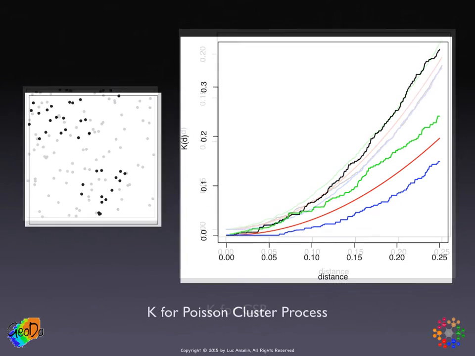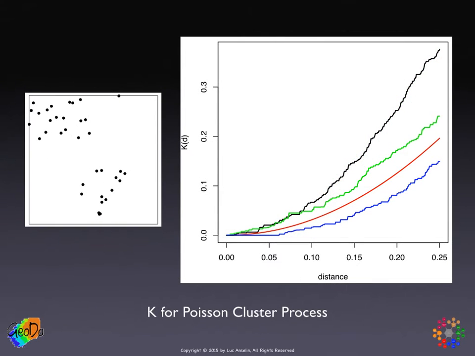When we move on to our Poisson clustered process, which is the same one we've used before, we see the black line clearly above the red line and clearly outside the envelope, above the upper boundary of the randomization envelope, again suggesting very strongly significant clustering, as it should be.